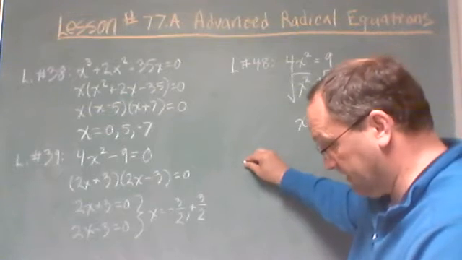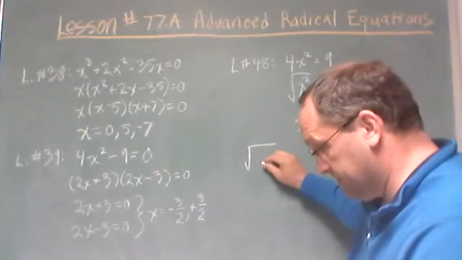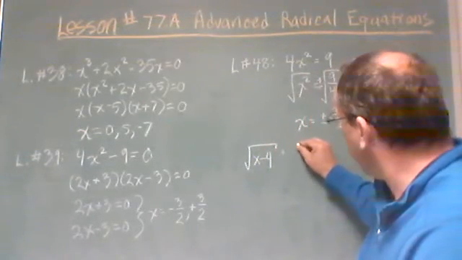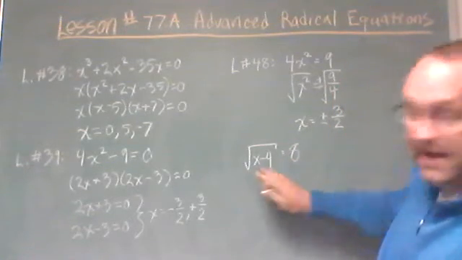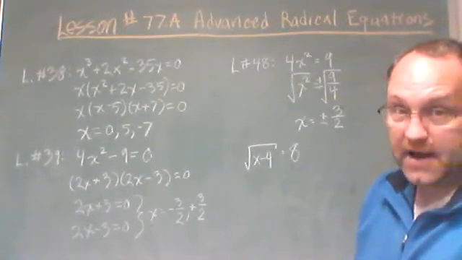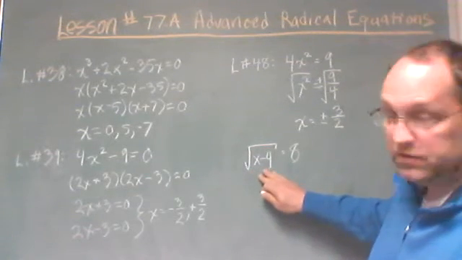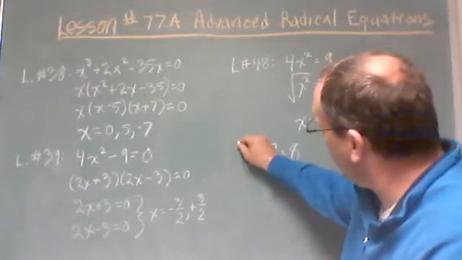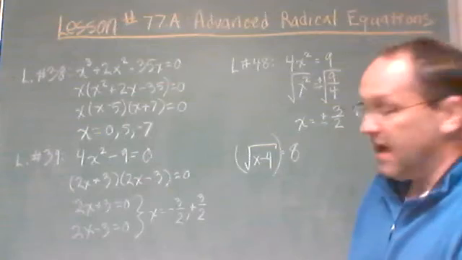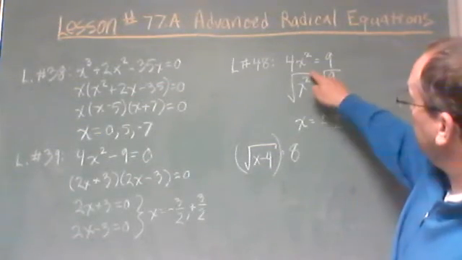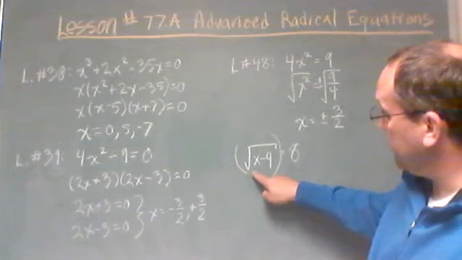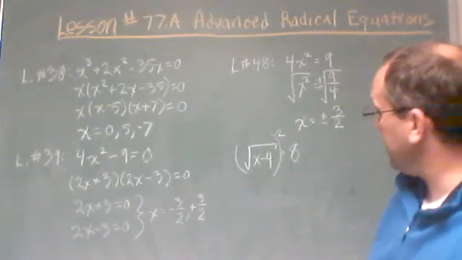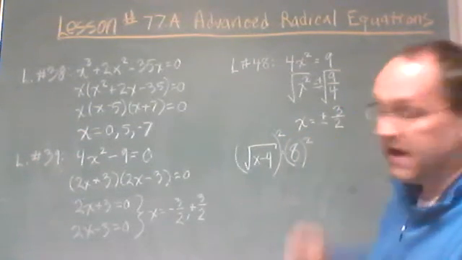For example, if we have the square root of 4x minus 4 equals 8, if we can isolate that radical symbol on one side, even though there's multiple terms under that symbol, we can go ahead and apply the operation to get rid of that symbol, just like we did here. We applied a square root. Well, here we're going to apply a square. We're going to square that term, and we must do so to the other side as well.